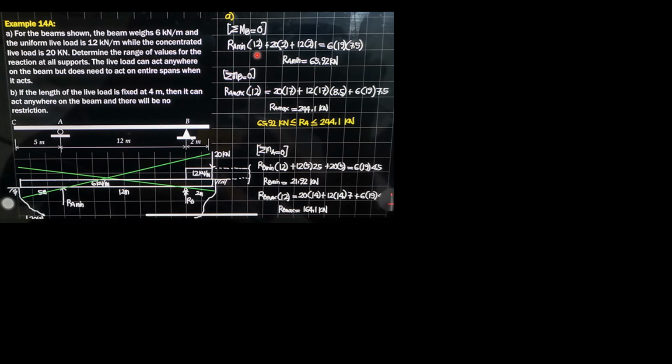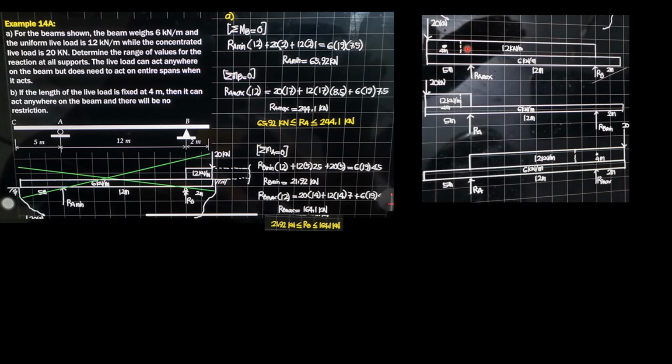Then we have the loading diagram for maximizing RA. So the influence line will give us the idea that the uniform live load should be placed over this RB0 to this maximum positive ordinate, and the concentrated live load over this maximum ordinate as shown here.